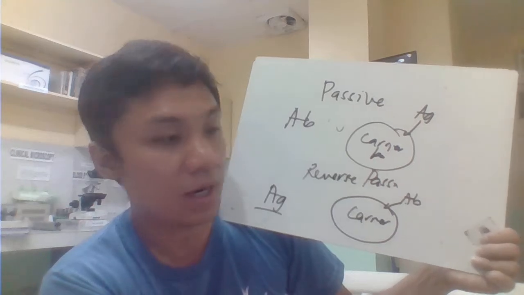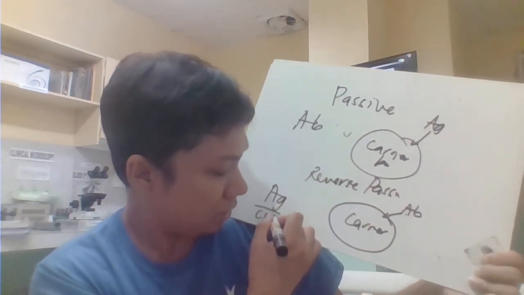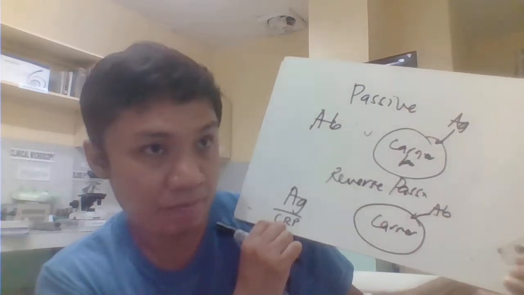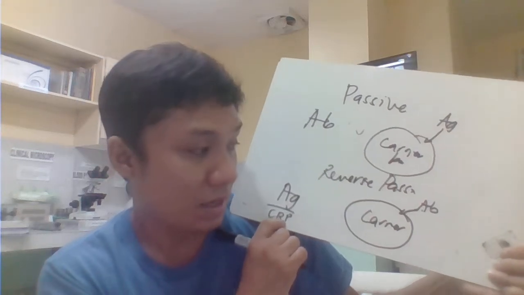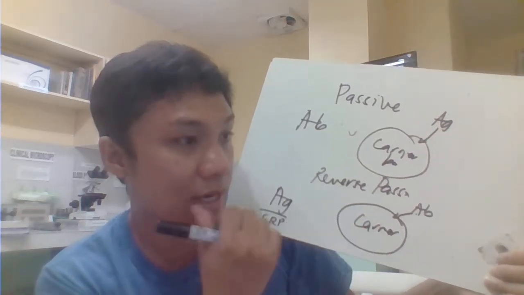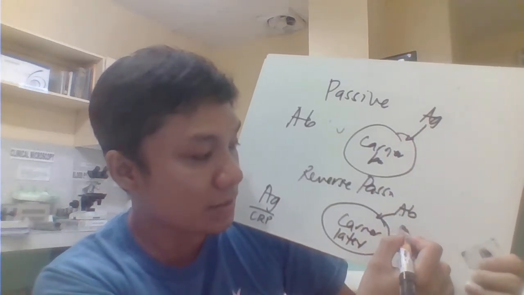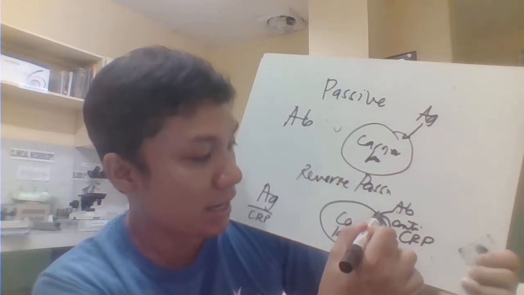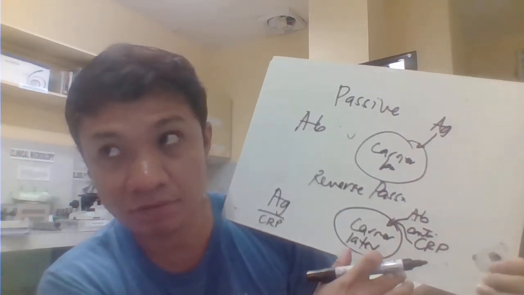Example of your reverse passive: when we've done laboratory test procedure for the CRP. So CRP, we are detecting that one as our antigen. Ang ating carrier for that is your latex particle. Ang antibody natin is your anti-CRP antibody at naka-attach siya dito sa carrier particle natin. Making this one reverse passive.